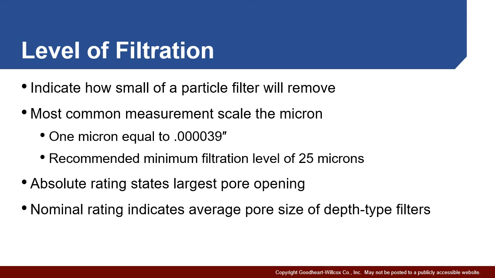And this tends to be the case when we're dealing with nominal versus surface types. It's pretty easy with a surface type filter to come up with an absolute rating because you know how big the holes are. But when you're looking at a depth type, with that randomly oriented mesh, you really are looking more at a statistical probability that a certain amount of material is going to get trapped.